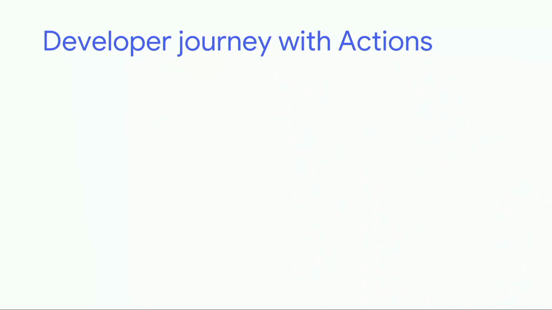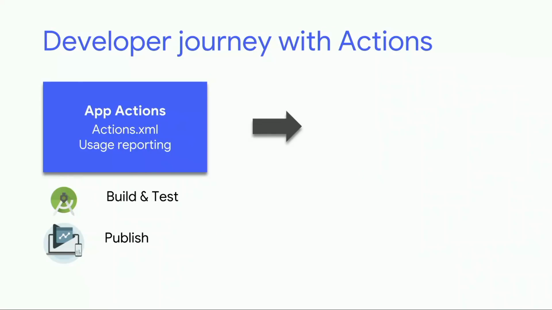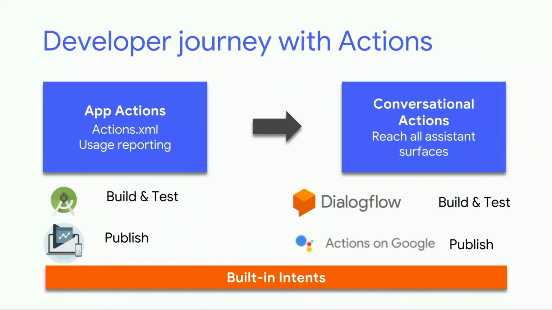So as far as the developer journey with actions goes for building these conversational actions, for app actions, you're familiar with this. You've created an Android APK. You're going to add an actions.xml file using Android Studio. You will test it out in Android Studio. And you will publish it using the standard Play Console mechanisms for publishing your Android app. Let's take that for conversational.